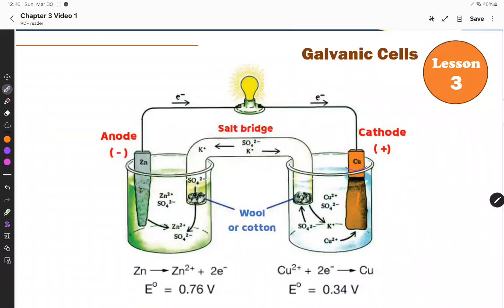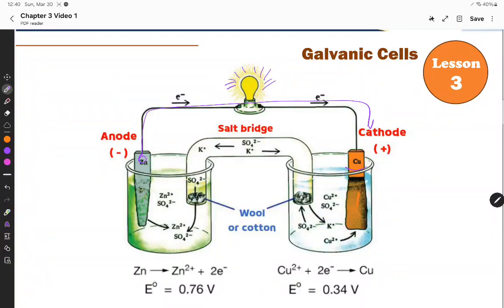Now here when we speak about how they produce electricity. Galvanic cells produce electricity. How? Electrons will flow from zinc to copper half cell. This movement of electrons is the electricity. So what is electricity? It is the flow of electrons. What causes flow of electrons?